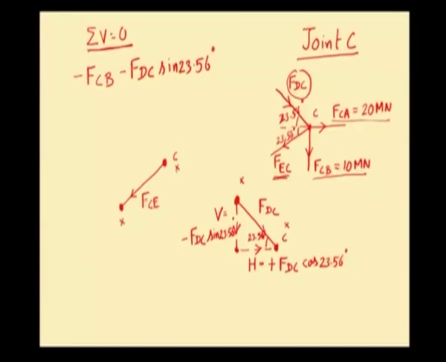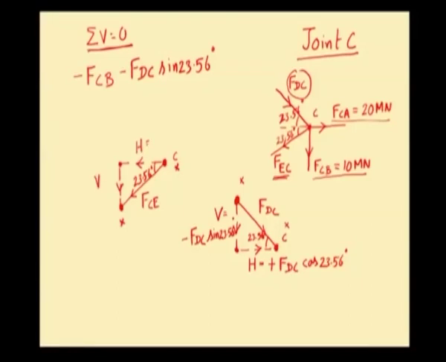So, FCE starts here and it ends up here. To travel along this particular direction, horizontally we have to move towards left till this particular point, and vertically we have to come down. So, this particular angle is 23.56 degree. So, this is the horizontal component of FCE and this is the vertical component of FCE.